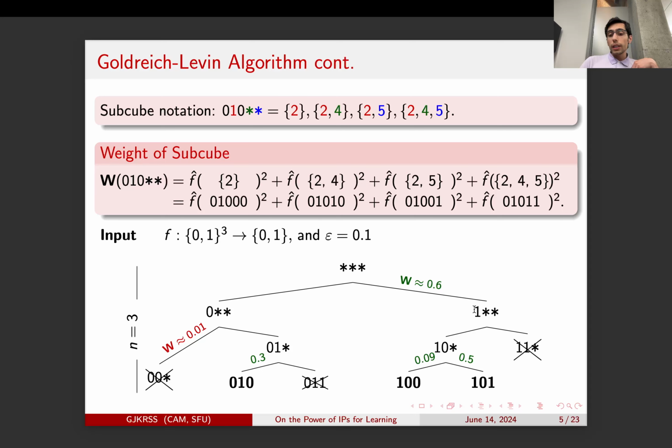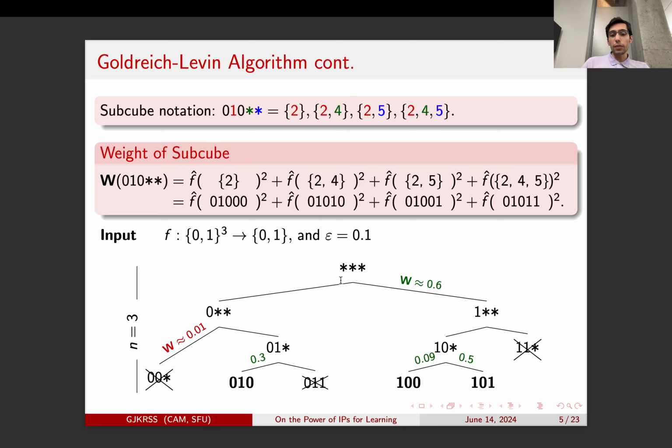If a subcube, for example this, has high weight, here the weight is like 0.6, we keep splitting it because 0.6 is much more than the epsilon that is given to us. But if a subcube has low Fourier weight, like 1%, we simply discard it. And at the end, at the bottom of this tree, we collect all the high Fourier coefficients.